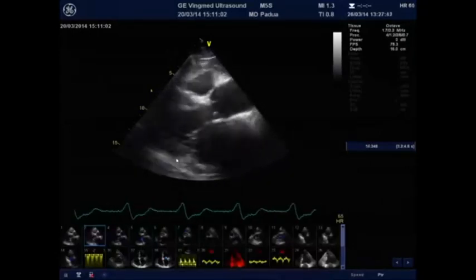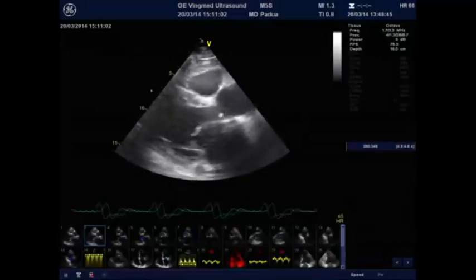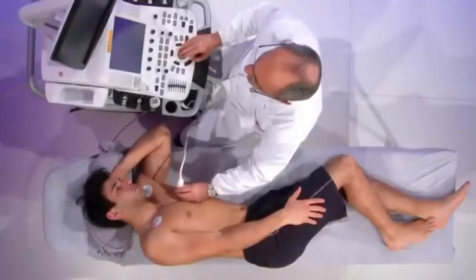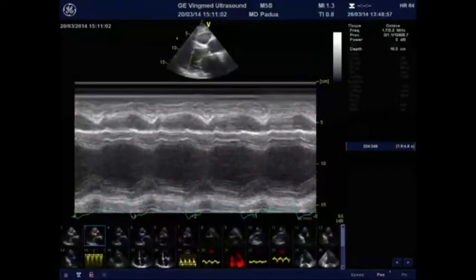Another way to have accurate measurements of the thickness of left ventricular walls is to use the anatomical M mode. This will allow us to avoid the limitation of conventional M mode, that it's very difficult to align perpendicular to the direction of the interventricular septum and the inferolateral wall.